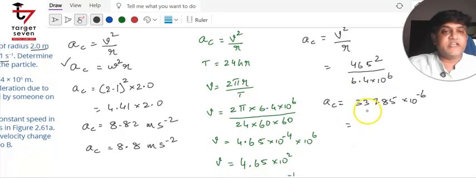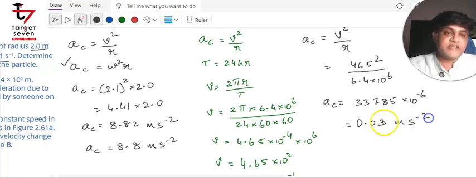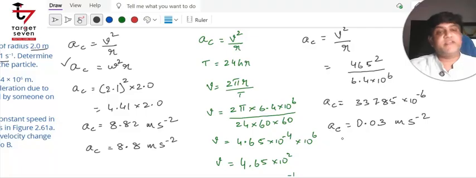Expressing it in the scientific notation, I would have 0.03 meter per second squared. That would be the centripetal acceleration as experienced by a person who is situated near the equator.